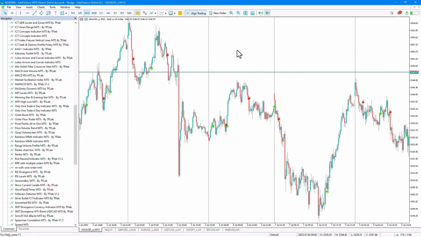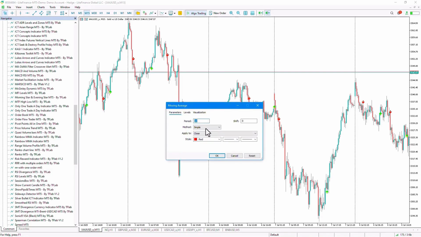For better understanding, here I will just show it directly on the chart for you.